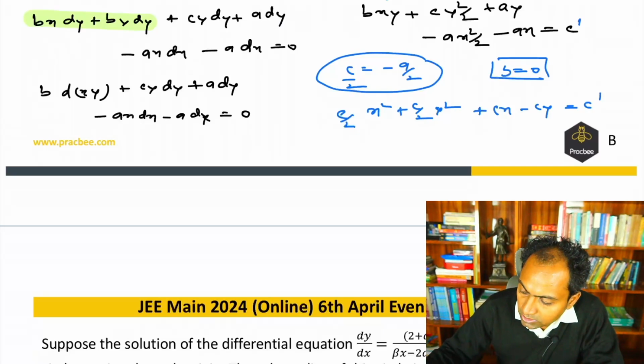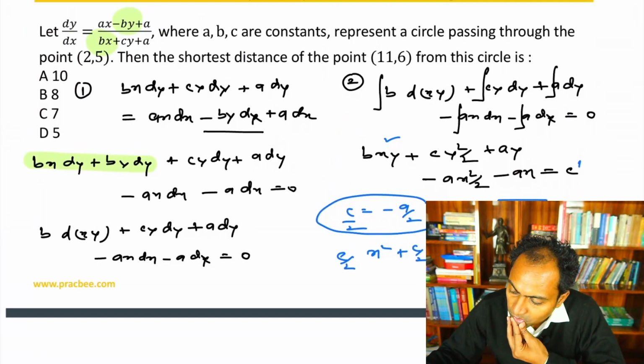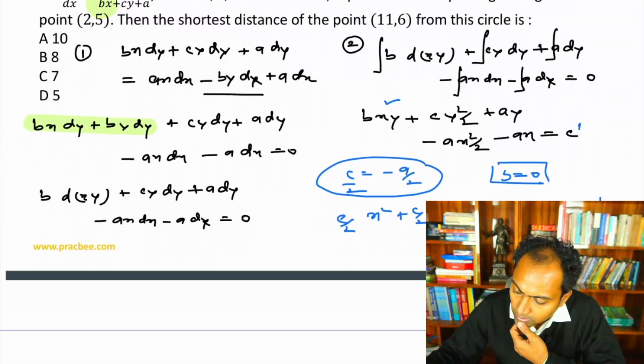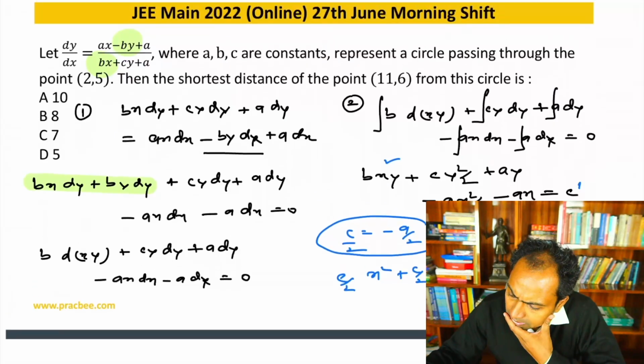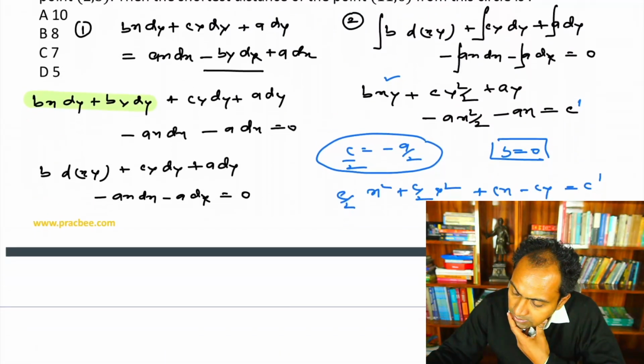Now there are two things we don't know. One is the value of c, another is the value of c dash. If I want to find this, what they are saying is, this passes through a point 2, 5. So if it passes through 2, 5, and rest of the thing, yes, ABC are constants. So once you figure that out, you will be able to get an answer.